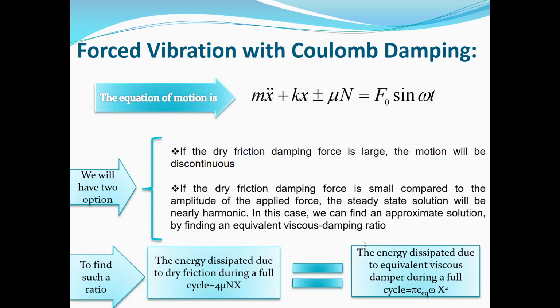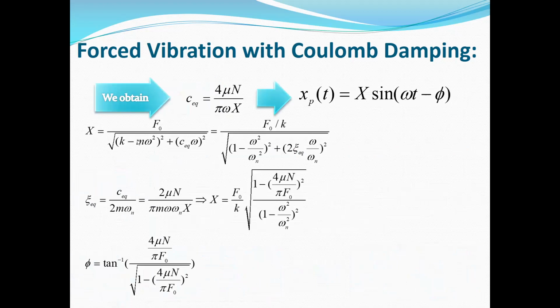Of course, all of these relations are only for harmonic excitation and harmonic response. So this equivalent c, or the equivalent viscous damping constant, can be obtained from this equation, which is equal to 4 mu N X divided by pi omega X squared. So from here, we can obtain the equivalent damping constant, as you can see here.